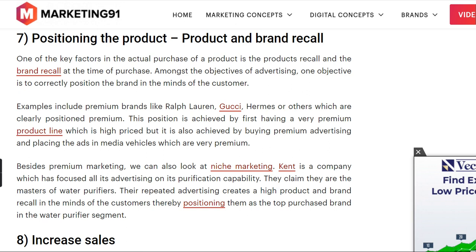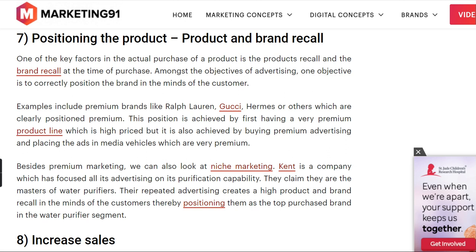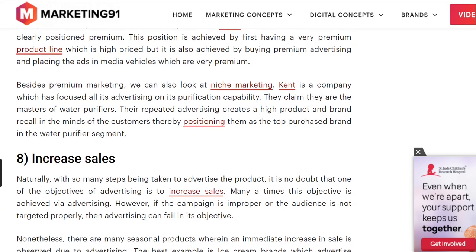They give the example of Ralph Lauren, Gucci, etc. They are positioned as premium products, so they're going to appeal to a very specific target market, and the whole product line that they have is geared to do that. They want to find a particular spot in the market, whether it's a segment or a target that is theirs specifically. That's one of the objectives of advertising.